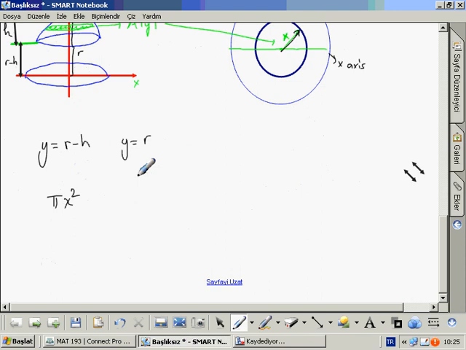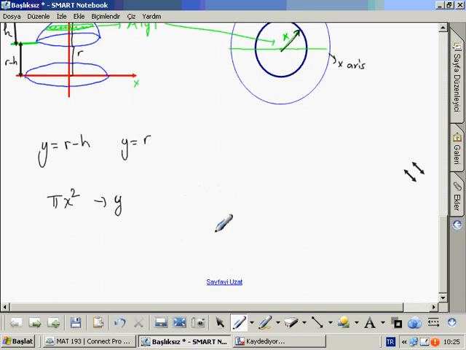And this is a problem, however, as we need the cross-sectional area in terms of y. Okay, I'm sorry, this is y. And we need to determine what x squared will be for any given y at the cross section.